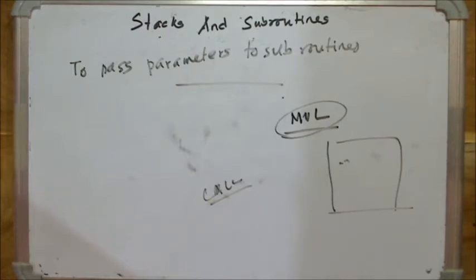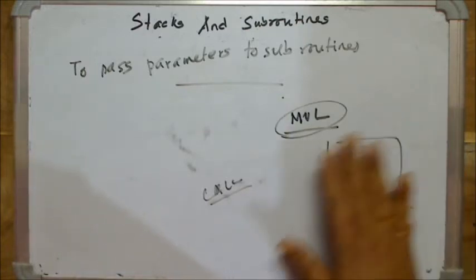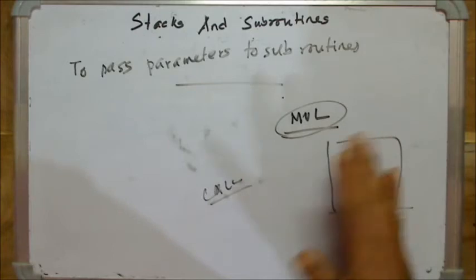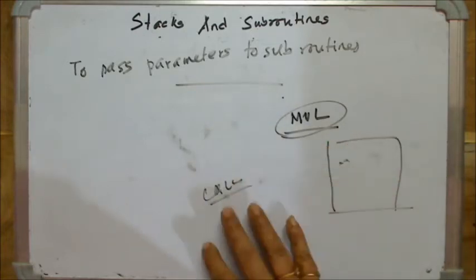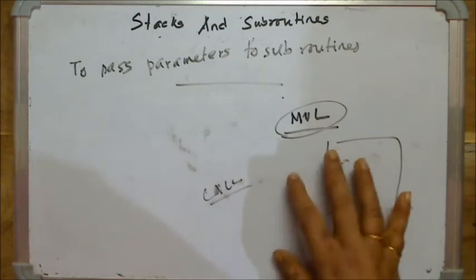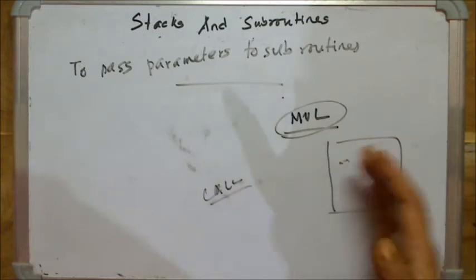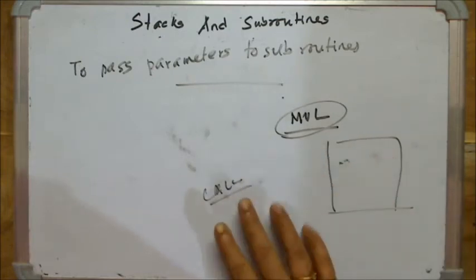So now I'll teach you how to pass parameters. I think you understood this. If you want to call a function multiple times, you can just write a subroutine and call it several times when you need it by just writing call.